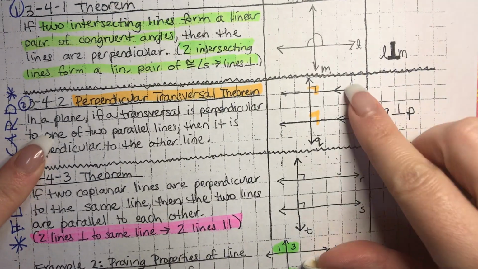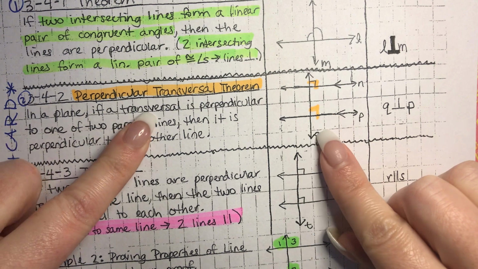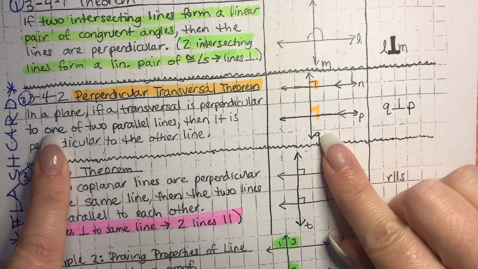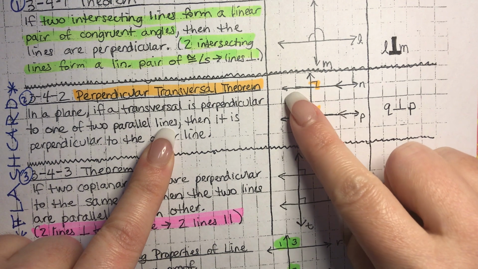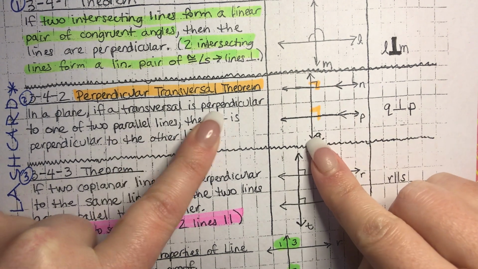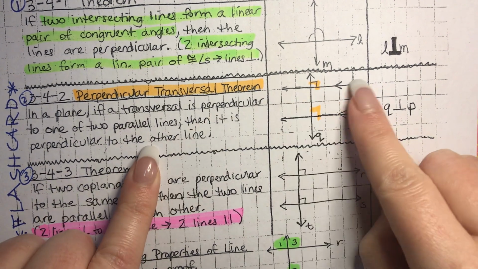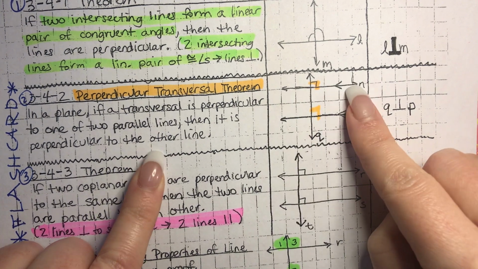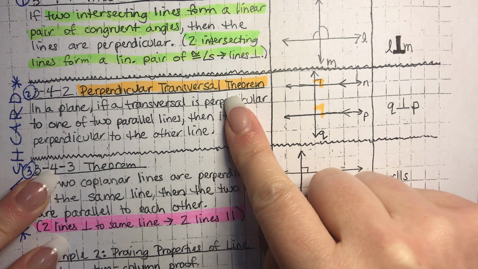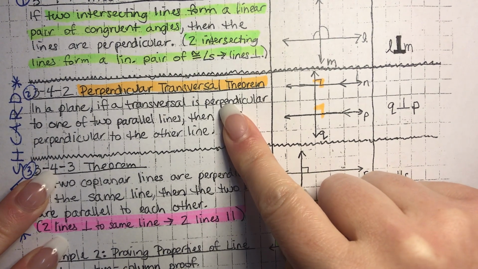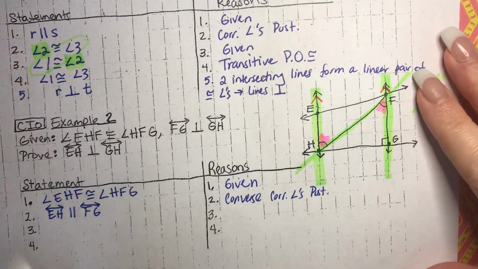Do we have a situation here in a plane where a transversal is perpendicular to one of two parallel lines? If a transversal is perpendicular to one of two parallel lines, then it is perpendicular to the other line by the perpendicular transversals theorem. I think that's what we have, right?